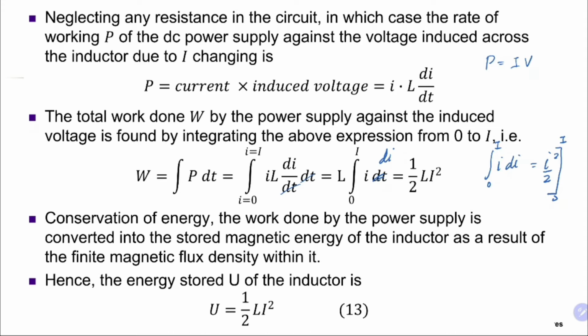The power supply does this much work to induce the inductor, so that energy has to be stored in the inductor, and therefore the energy stored in the inductor equals half L I squared.